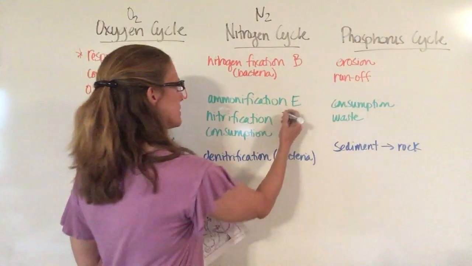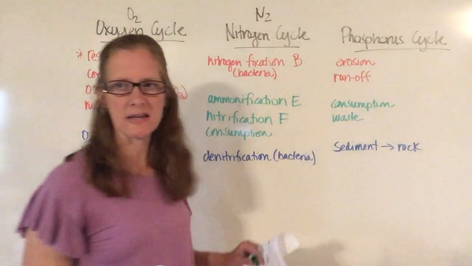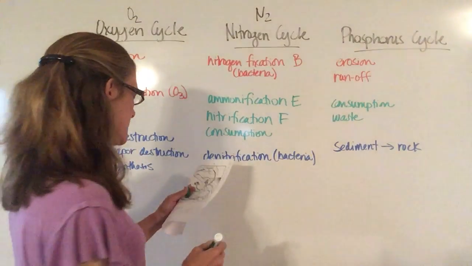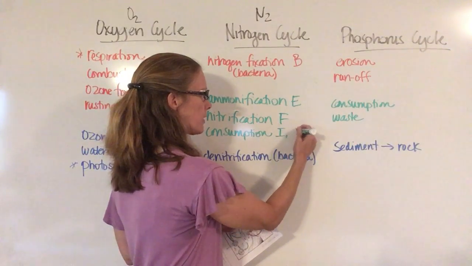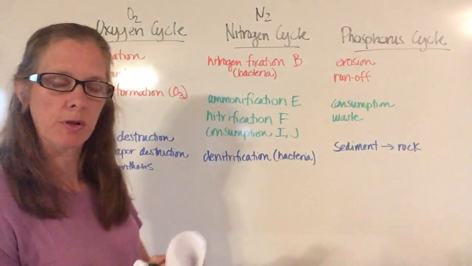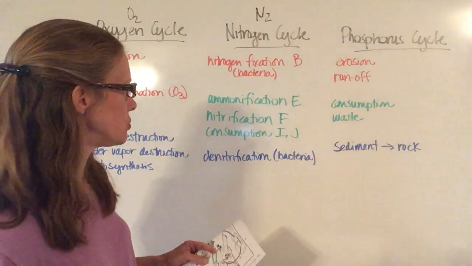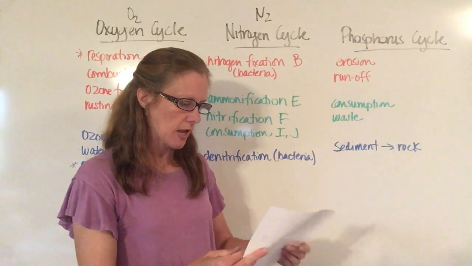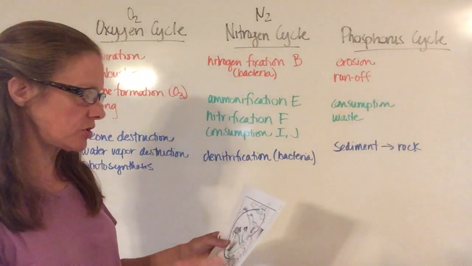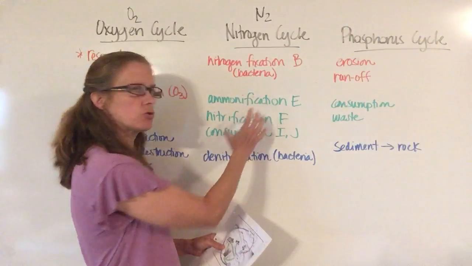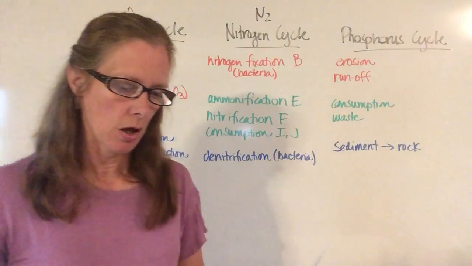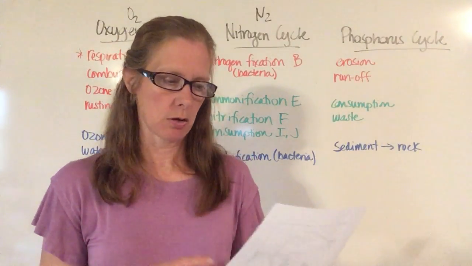And then that ammonia can be turned into nitrates and nitrites, and then it's consumed by your plants, taken up in your plants and incorporated into their tissues, and then consumed by your consumers. And so we have a whole bunch of different arrows down in this area where this nitrogen is transferred from roots to plants to animals.